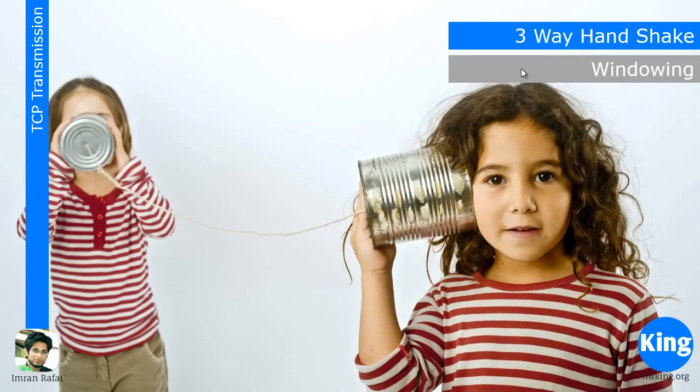But what I was trying to say is, when we were young, we used to make these tin cans, and when we tie this string and talk from one end, the other person could hear, right? So that's more like a connection. Now even for a TCP transmission, a connection needs to be established before the real transmission can start.